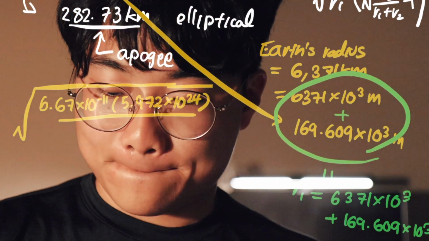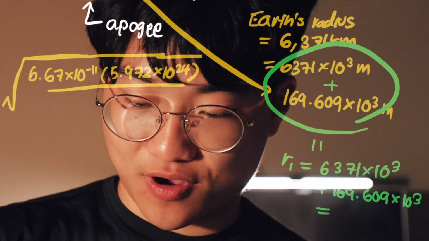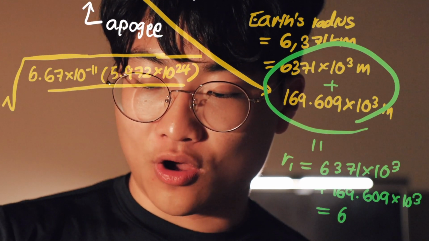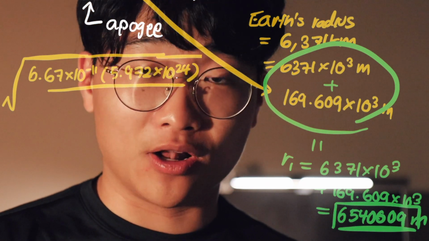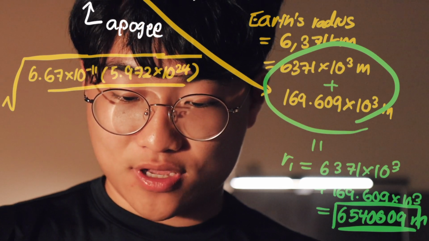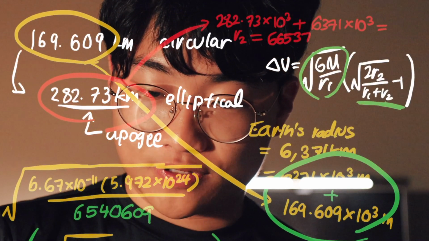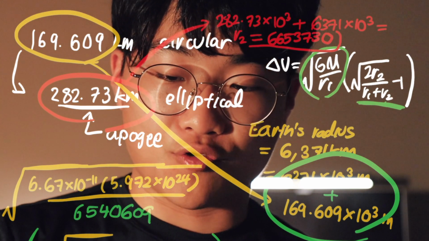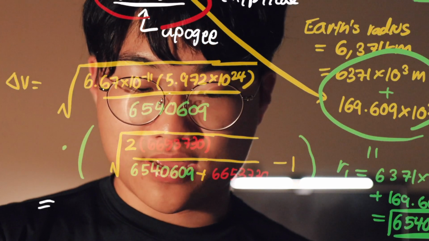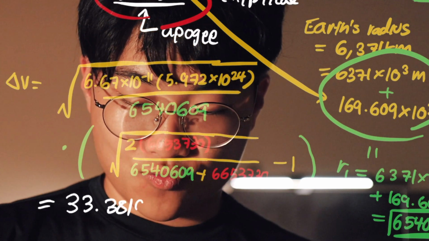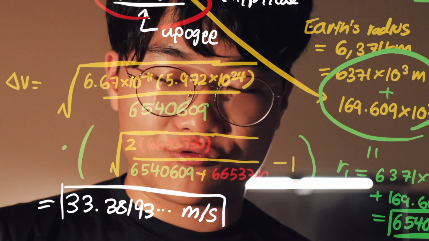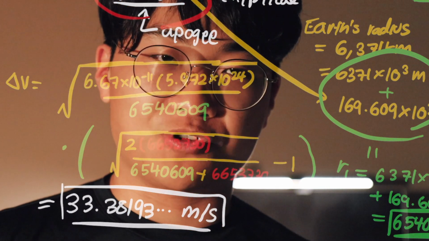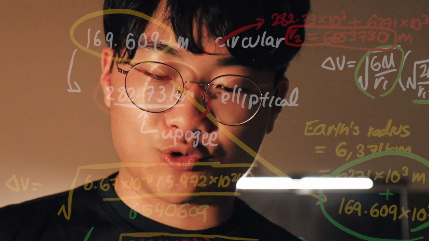So if we add them up, we get an r1 value of 654.0609 meters. We just converted kilometers to meters as well. And we get an r2 value of 665.3730 meters. Finally, if we plug all the values in, we get a delta V of 33.38193 meters per second for a Hohmann transfer to reach 222.73 kilometers.